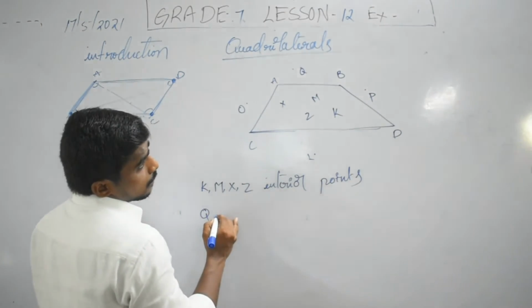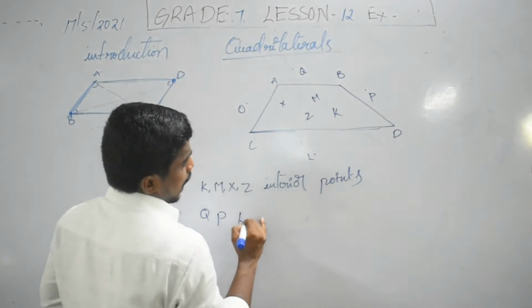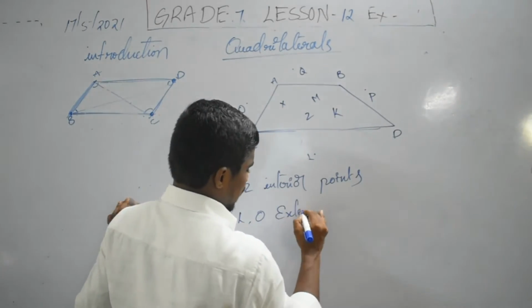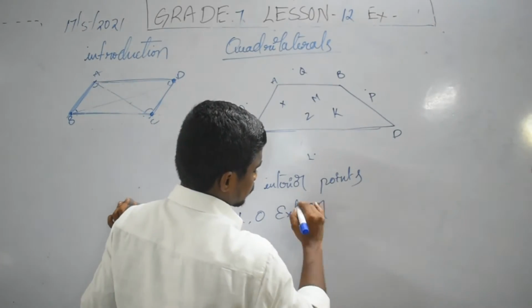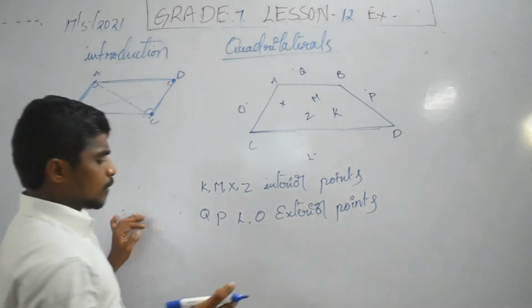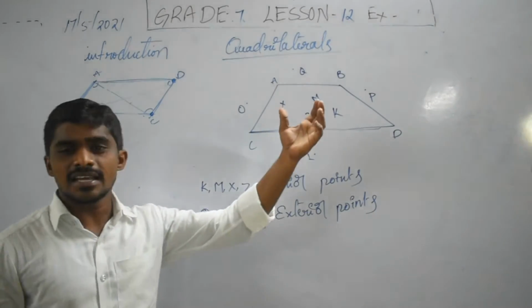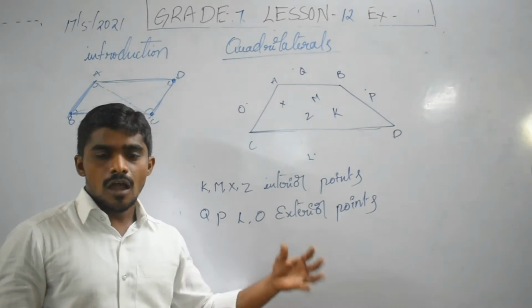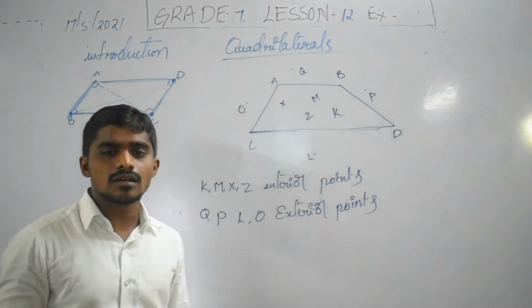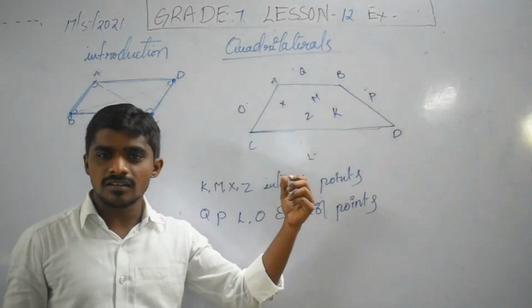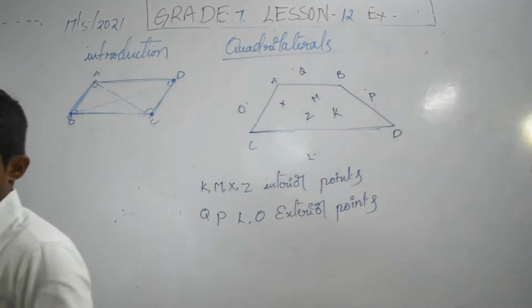Q, P, L, O. These are exterior points. So we know interior points means inner side. Exterior means outer side. Outer side points we call exterior points. Inner side points we call interior points.